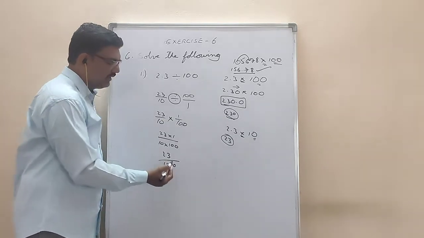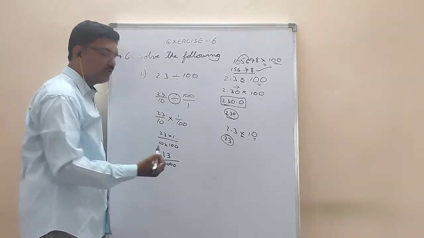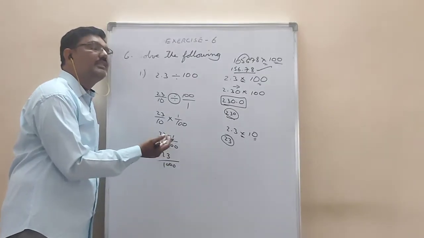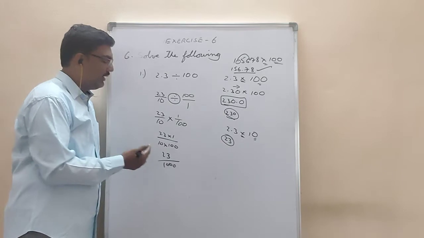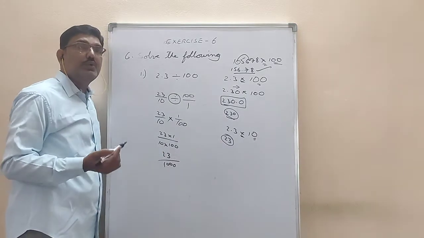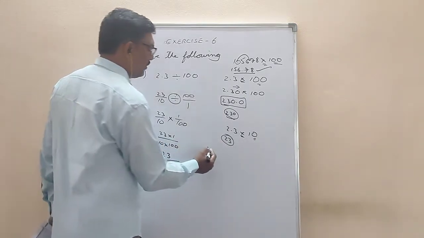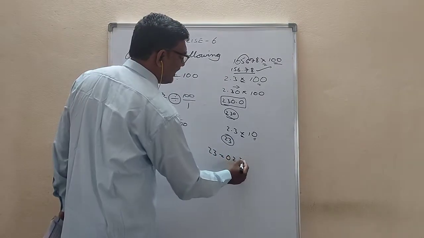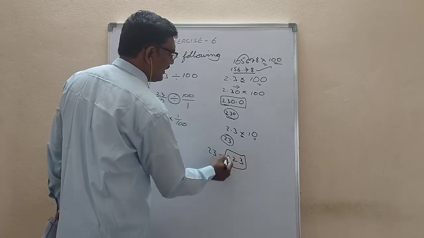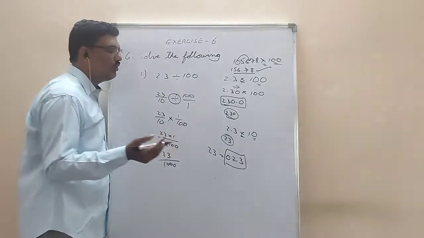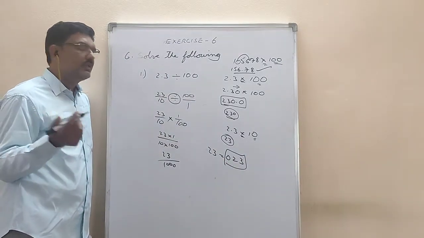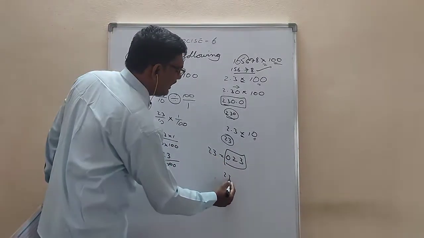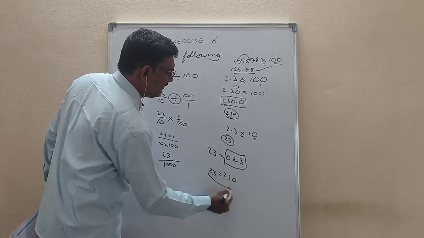Now, how to convert the fraction into decimal form? As I said, in the denominator you have 3 zeros, which means the point should be kept 3 digits from the end. But how many digits are there here? Only 2 digits. If you want to write a 2 digit number as a 3 digit number, you have to keep 0 in front. 023 and 23 are the same. But don't keep 230 and 23; they are not equal.